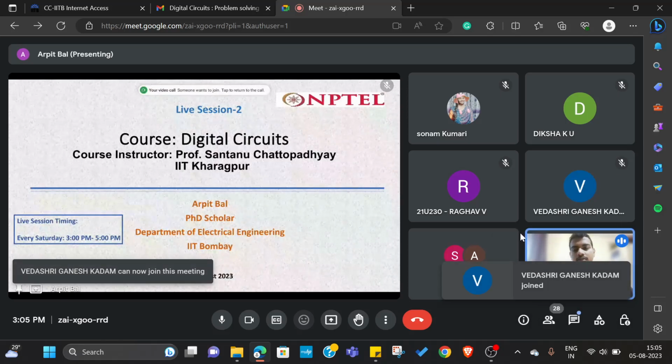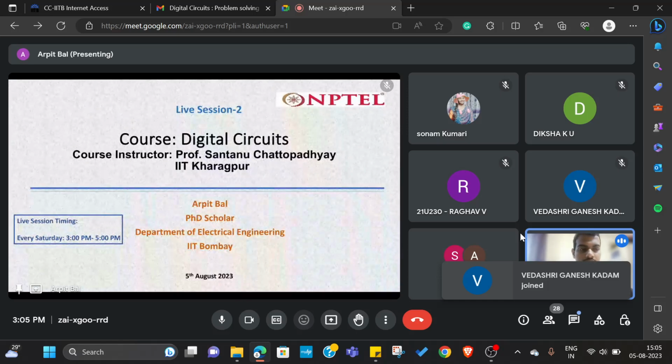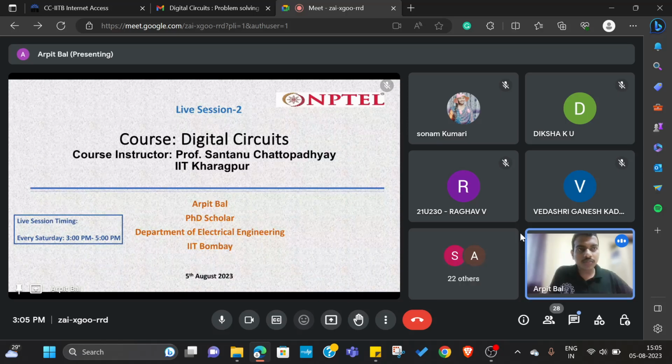So in the previous week, we had the live session on the basics of number systems. We also saw a few examples of converting from one number system to another, like decimal to binary and hexadecimal, and we performed operations like addition of hexadecimal numbers.